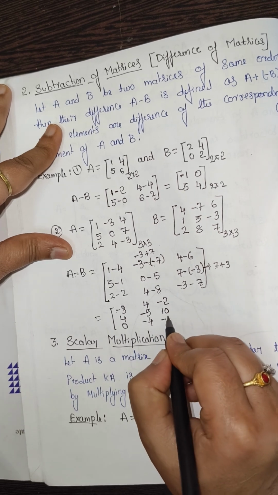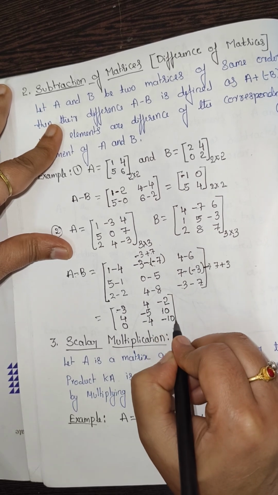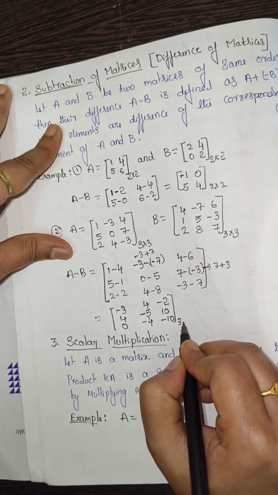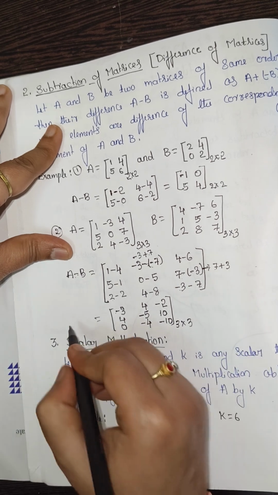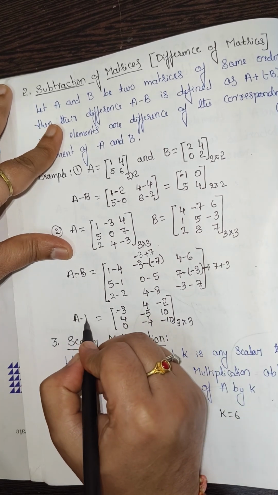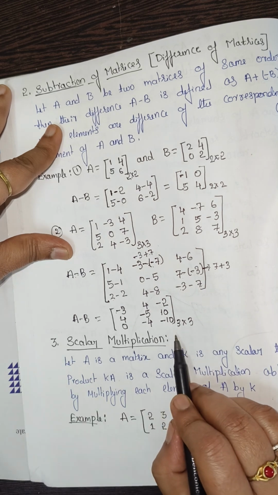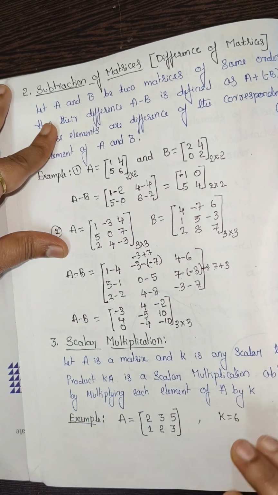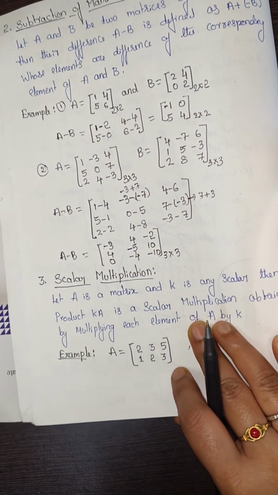Minus 3 minus 7 is minus 10. So this is our A minus B. It is also a 3 by 3 matrix. Okay, hope all of you understood this one.